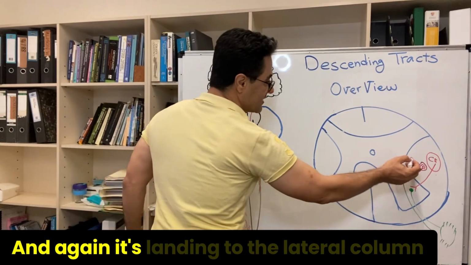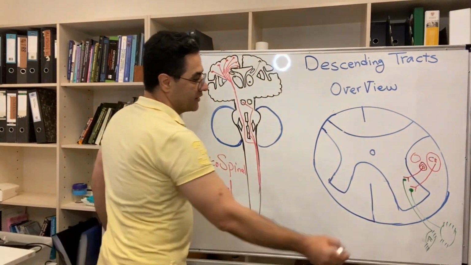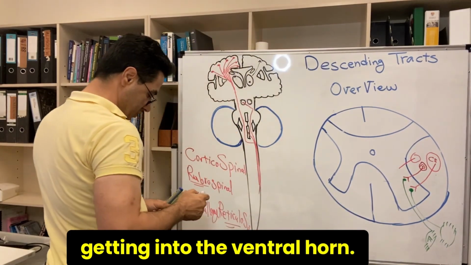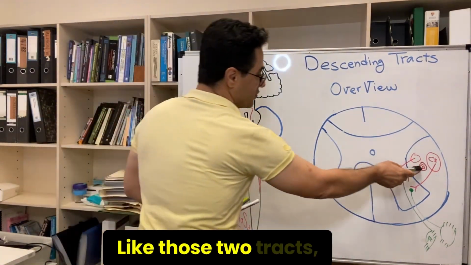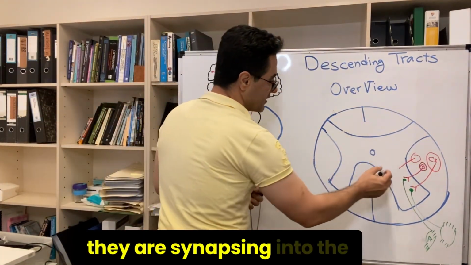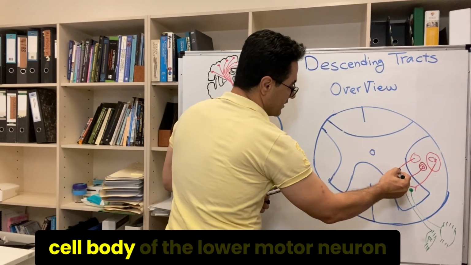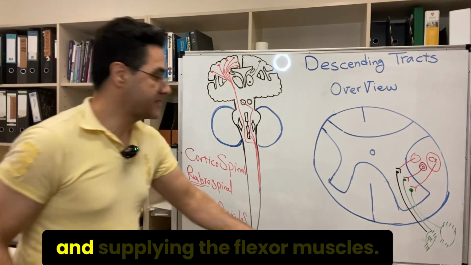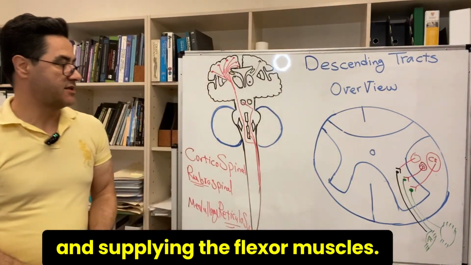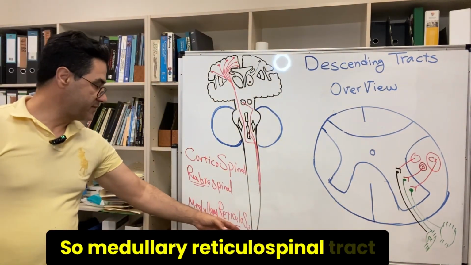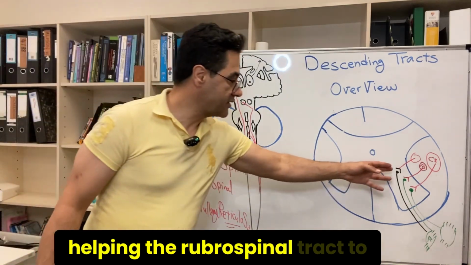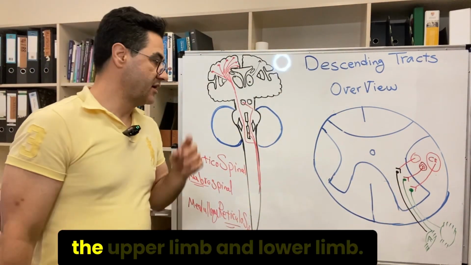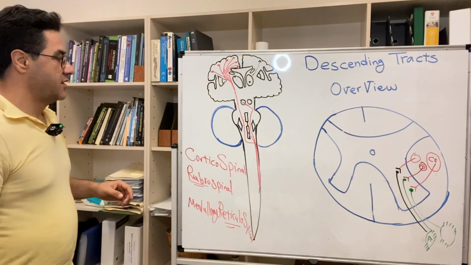And again, it's landing into the lateral column, and the axon of the upper motor neuron getting into the ventral horn, like those two tracts, synapsing onto the cell body of the lower motor neuron and supplying the flexor muscles. So the medullary reticulospinal tract helps the rubrospinal tract to facilitate or regulate the flexor muscles of the upper limb and lower limb.